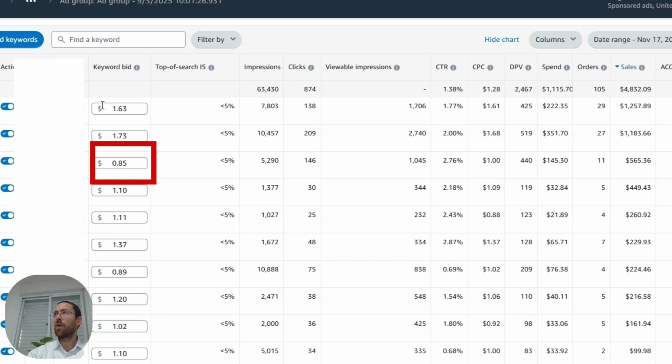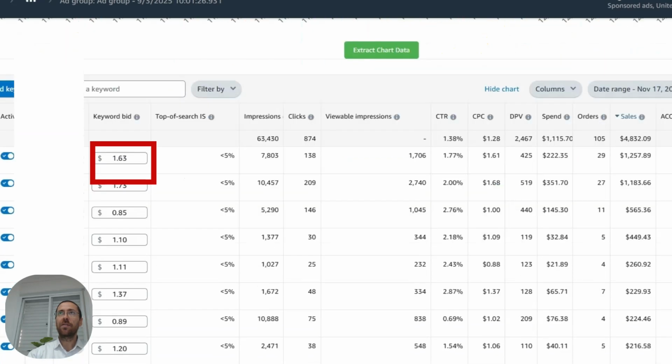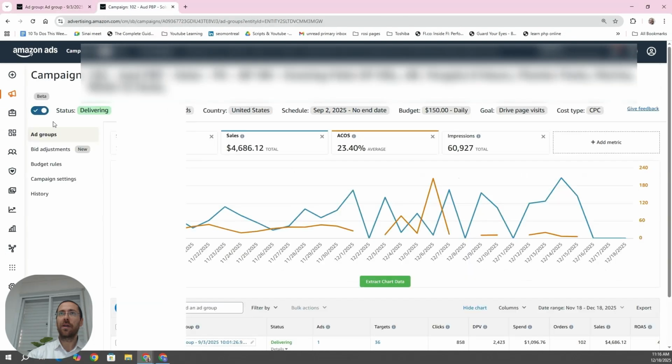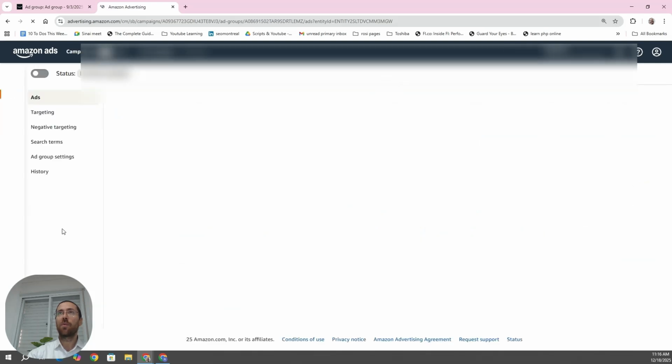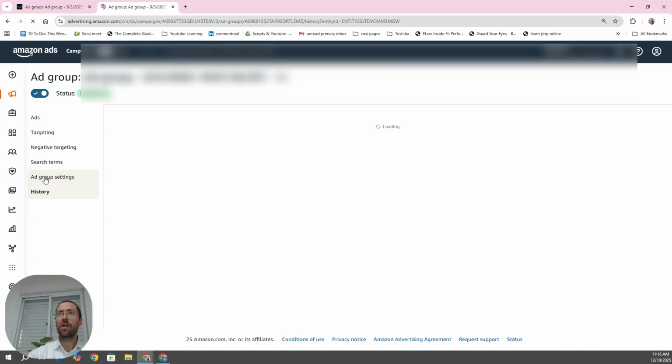And this one also looks either like we lowered our bid and then the ACOS recently got better, or something else. So in order to first check the history, we've got a duplicate of this. We're going to go to the ad group and then to the ad group history, and that will tell us whether the bids were just recently changed or not, so I don't duplicate work.